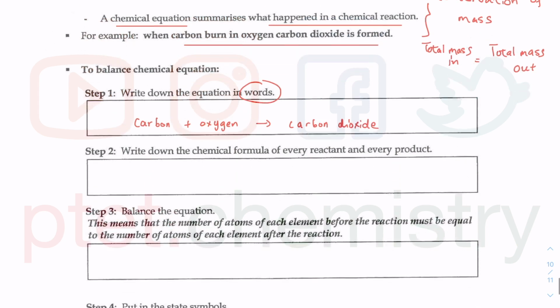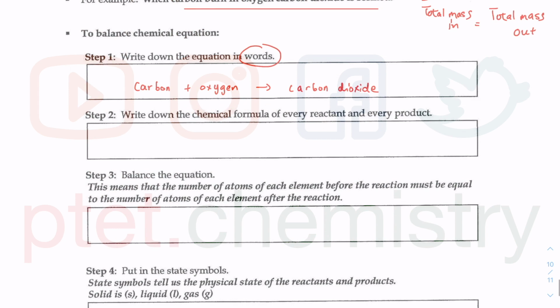Carbon is an element, and oxygen is an element as well. Carbon is element number 6 in the periodic table, so the chemical formula for carbon is just C. And then oxygen. Oxygen is one of those diatomic elements.